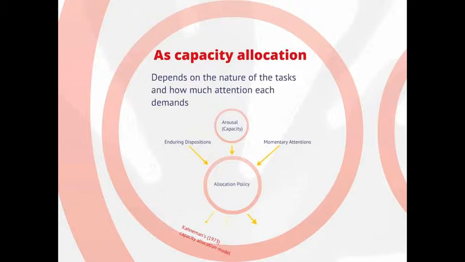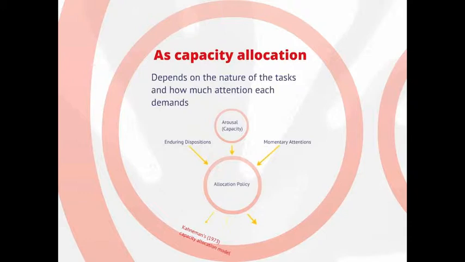And then basically there are two other factors in this model that is due to Kahneman in 1973, where he also talked about the enduring dispositions and momentary intentions that are factors that help our bodies decide what things to allocate our attention to. Enduring dispositions means that for a particular person there are things or cues that are enduring, right? Meaning that they persist for a lifetime, that affect the allocation policy.